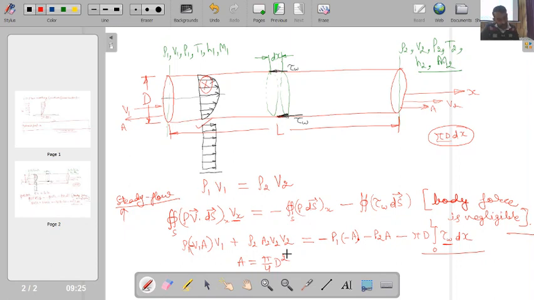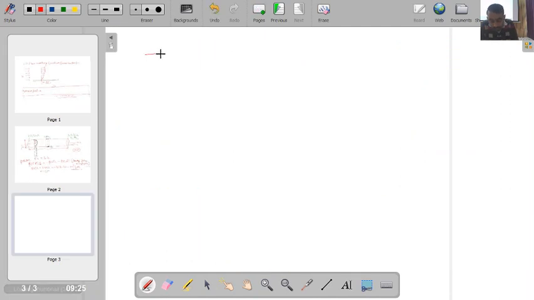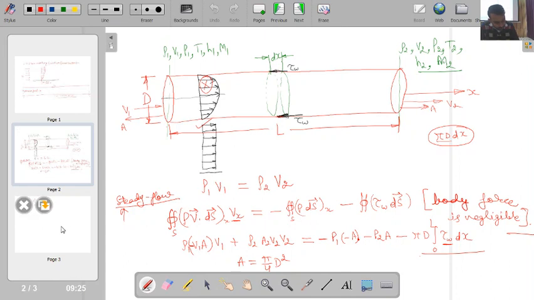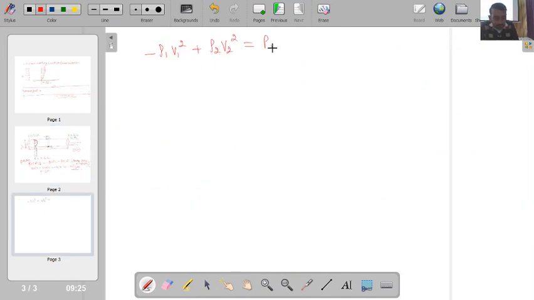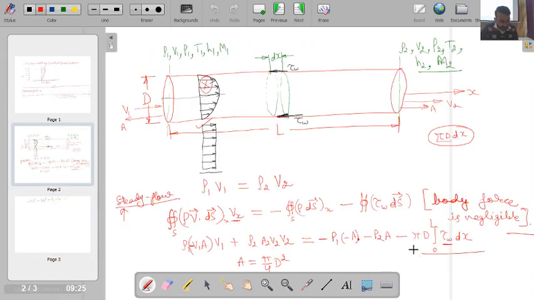So I will substitute A equal to pi by 4 d square, and divide this equation throughout by A. If I do so, what I will get is minus rho 1 v1 square plus rho 2 v2 square equal to p1 minus p2, and minus of pi d divided by pi d square by 4.